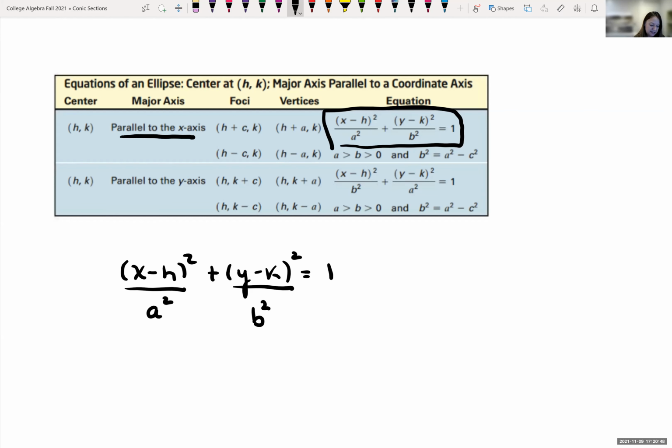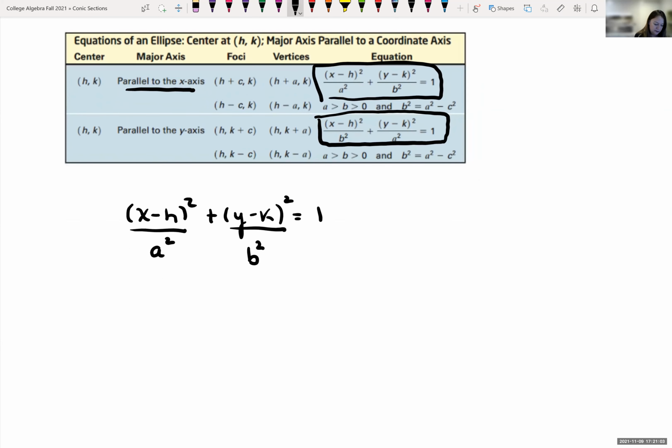And so notice that here, almost exactly the same formula, except that the a is underneath the y values instead of the x value. Okay, so we have this in here. So a is bigger underneath the x, it is going to be elongated this way. Your center is always in the middle of the ellipse.